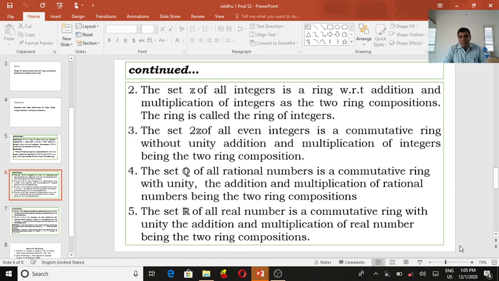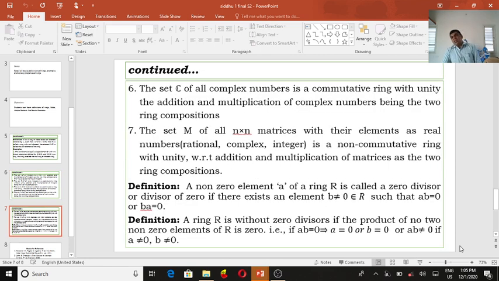The set R of real numbers is a commutative ring with unity, addition and multiplication of real numbers being the two ring compositions. The same properties that held before hold in the set of all real numbers. We come to the extension field of complex numbers.